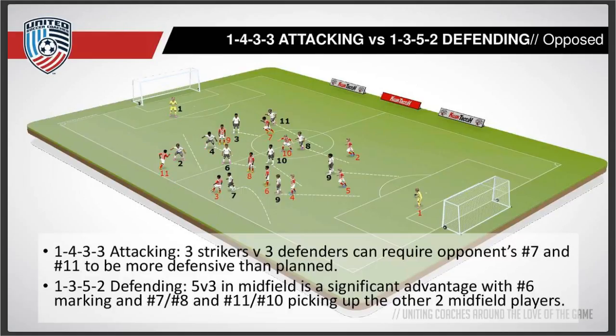But on other occasions, as we become more organized, as play develops and we can slow down the attack, given the ball in this example is with the number 3, your left-sided fullback, we would expect that the weak side midfield player, the number 11 in this case, would track back to provide balance to the back 3 as they get drawn across the field.